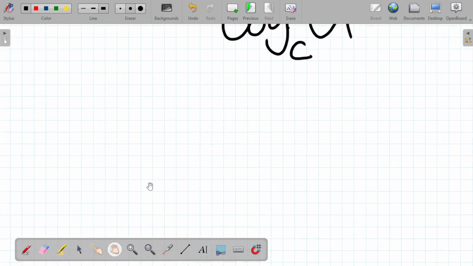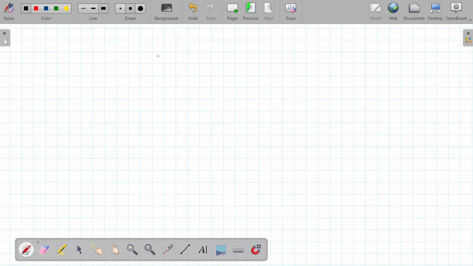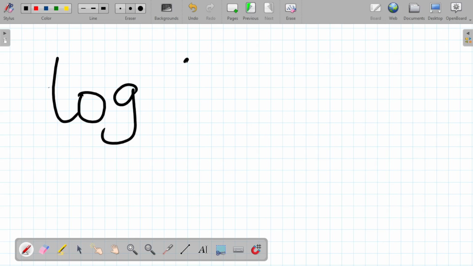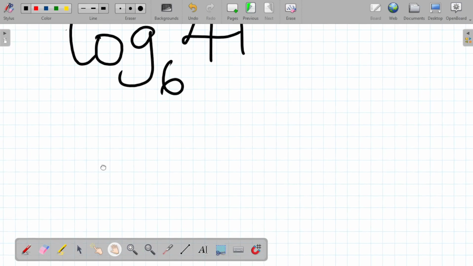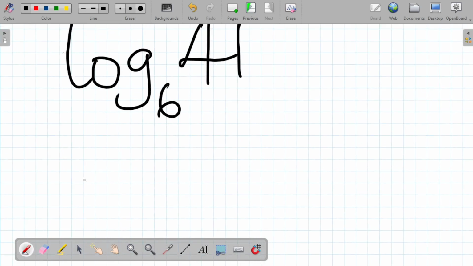So let's take a practical example so you understand it better. If we say log 41 to base 6, if you look at it clearly, 6 is not 10. So the log here is to base 6. So how do we solve this? It's just a simple task.